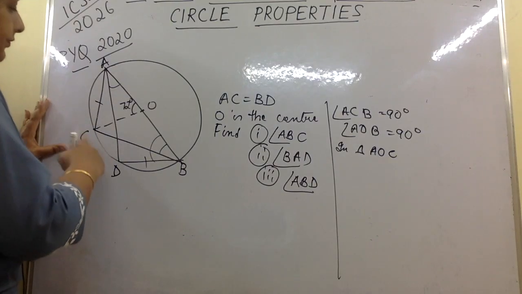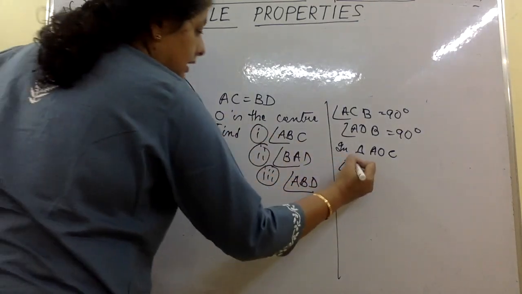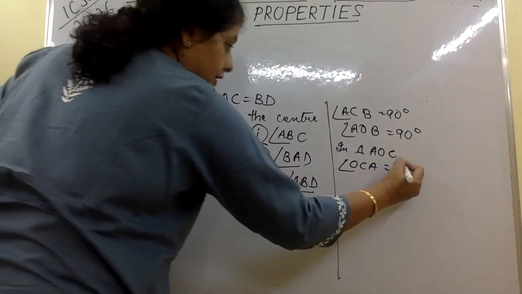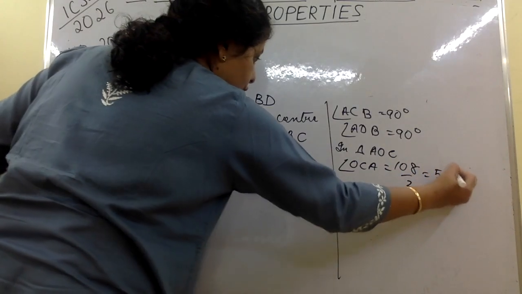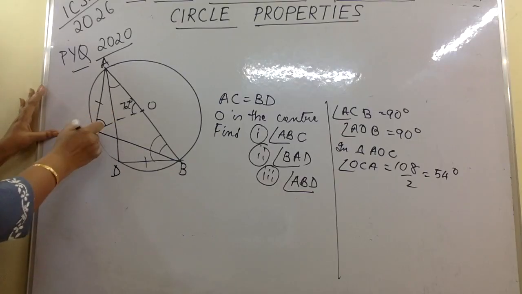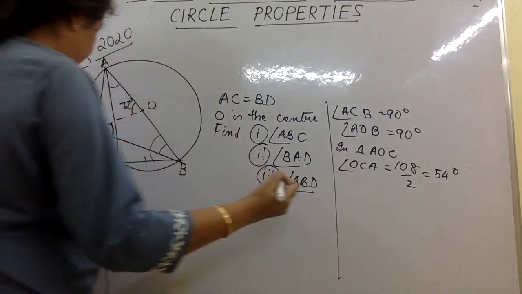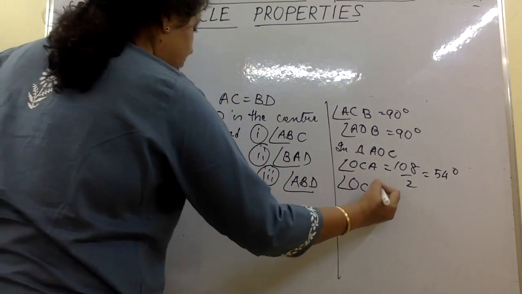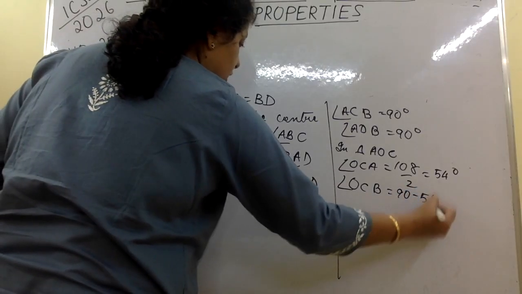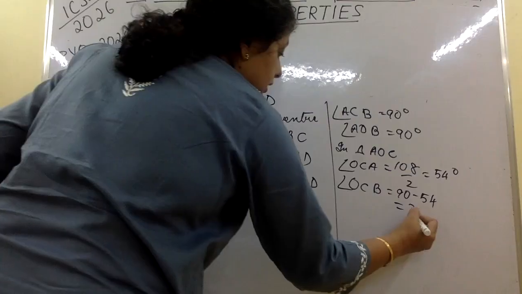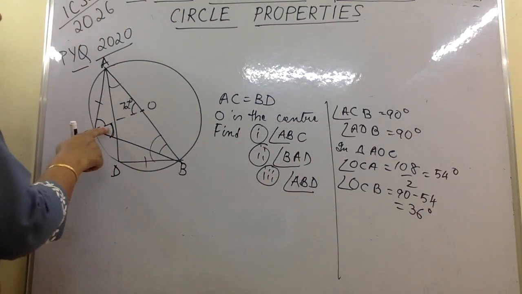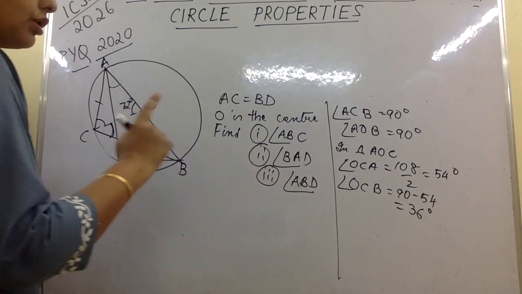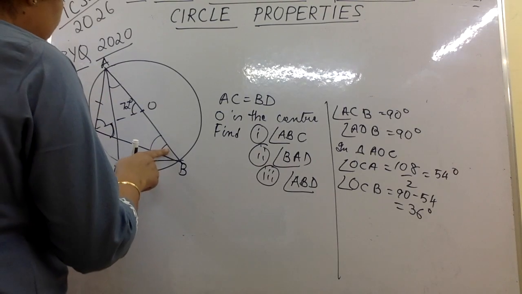Therefore, angle OCA is equal to 180 minus 72, that is 108, divided by 2, which is 54 degrees. If this much is 54, then this is 90 minus 54, which is angle OCB, and that is equal to 36 degrees. Okay, so this angle becomes 36. This is 54 degrees. Okay, what do they want?